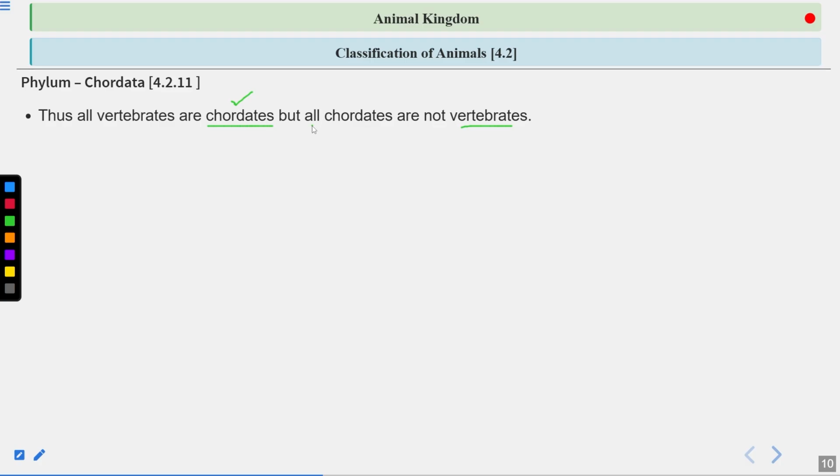But all chordates are not vertebrates, because not all chordates possess a vertebral column. The vertebral column in the adult stage is seen only in vertebrates. So that is why all chordates are not considered vertebrates. This is a very important point.